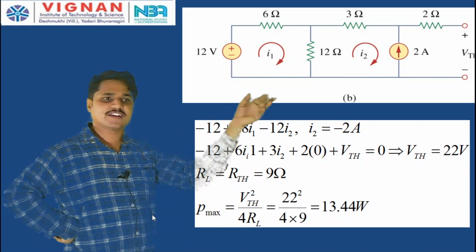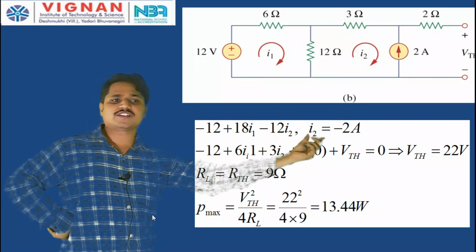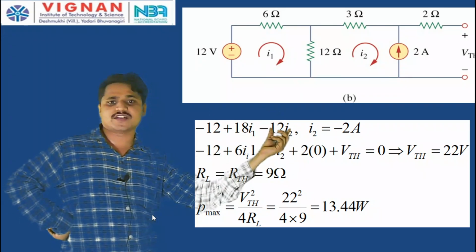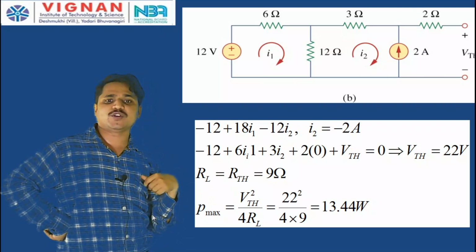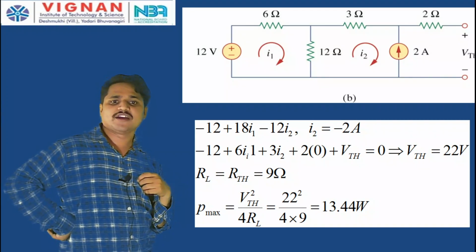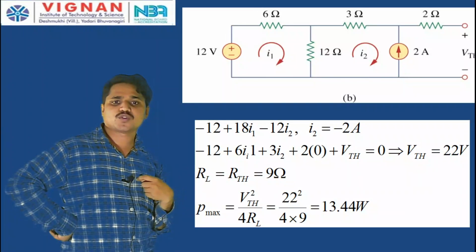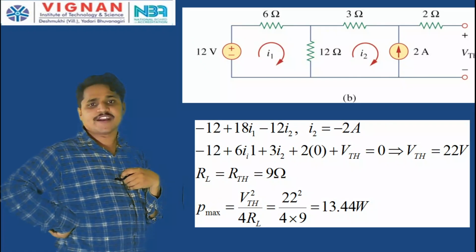But you got the first equation here, so substitute I2 equal to minus 2 amperes in it: 18 I1 minus 12 into I2.